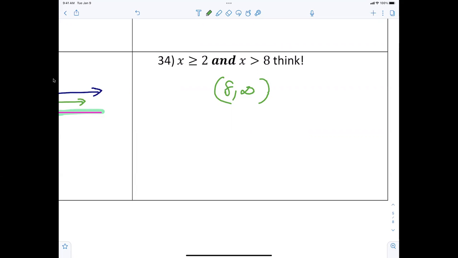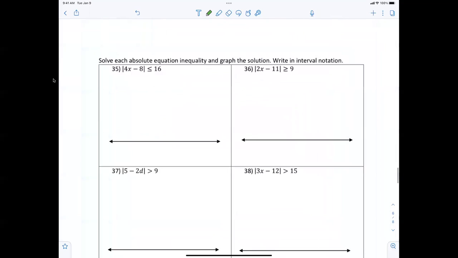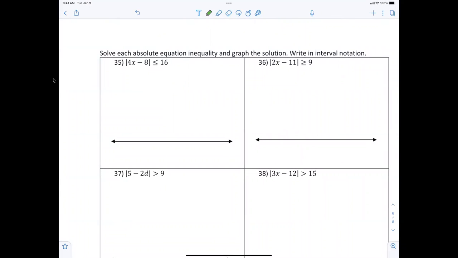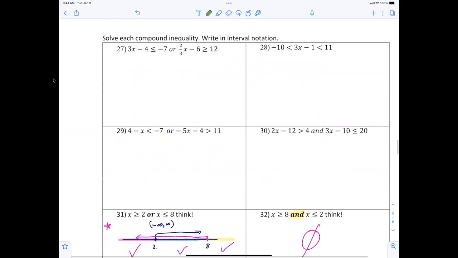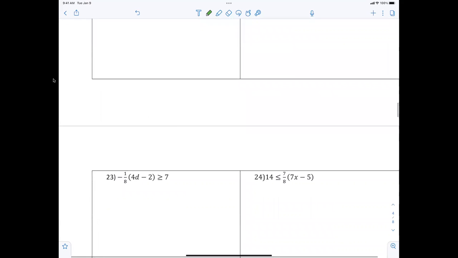Now I'm going to make one other little suggestion here. Absolute value: how many solutions? 2 equations. That's what you have to write down. Now, the ones before, when it's just a regular inequality, I have kids on the test that write 2 equations for the inequalities and 1 equation for the absolute values.